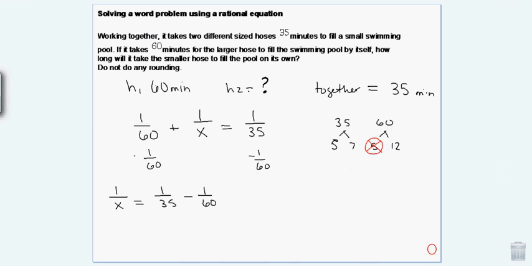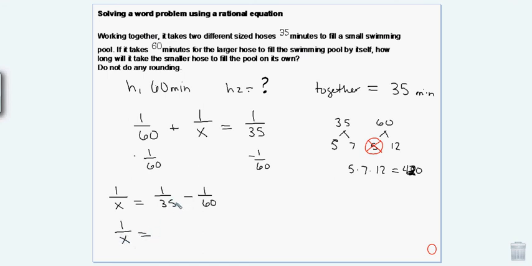So my common denominator is going to be 5 times 7 times 12, which is 480. Because 5 times 12, not 480, 420. 5 times 12 is 60, times 7 is going to give me 420.